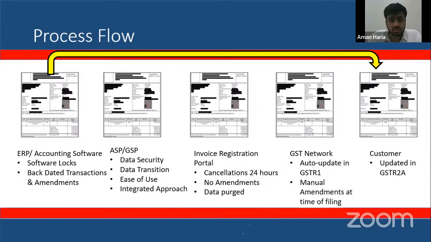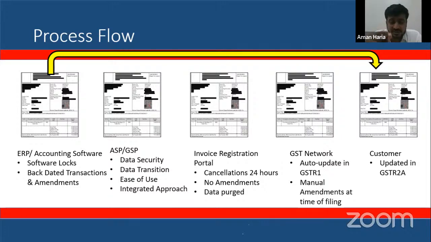It will push it to the invoice registration portal. It will bring back the signed JSON, which will contain your IRN and the QR code. That will be incorporated in your ERP software in your invoice, and then you will print the invoice.